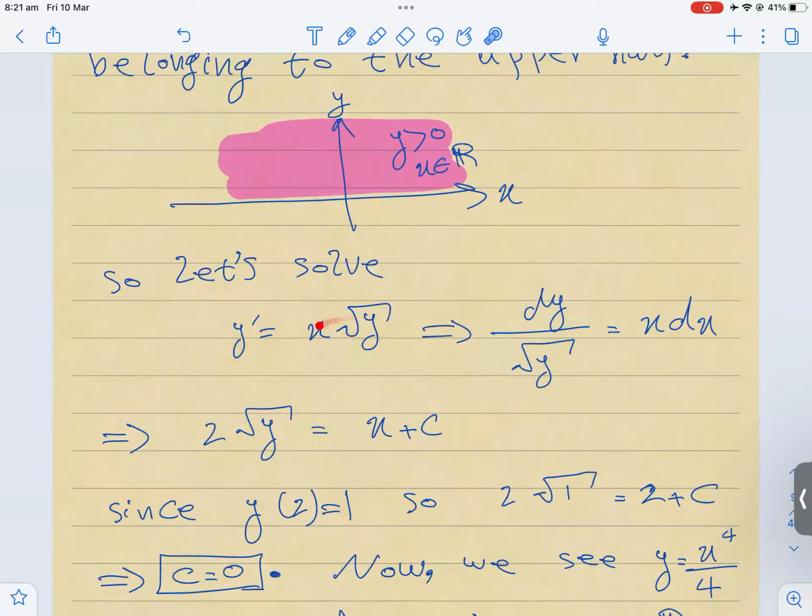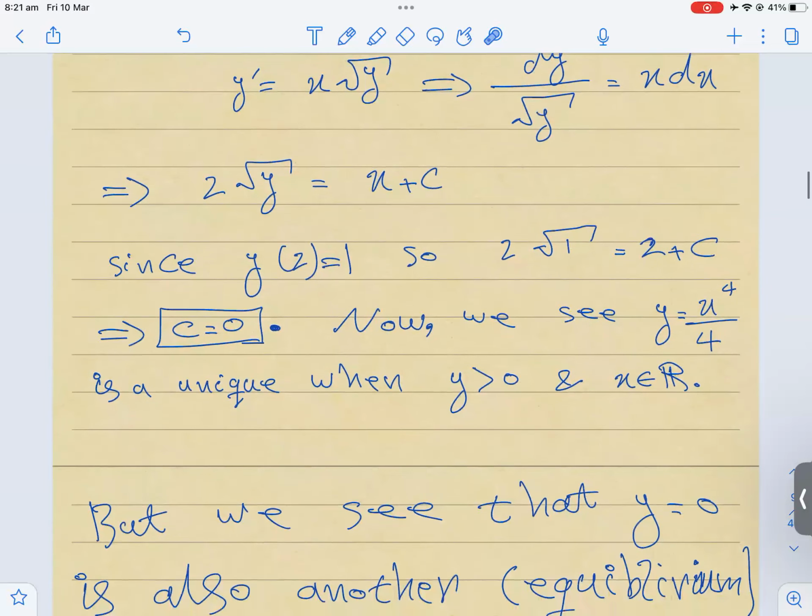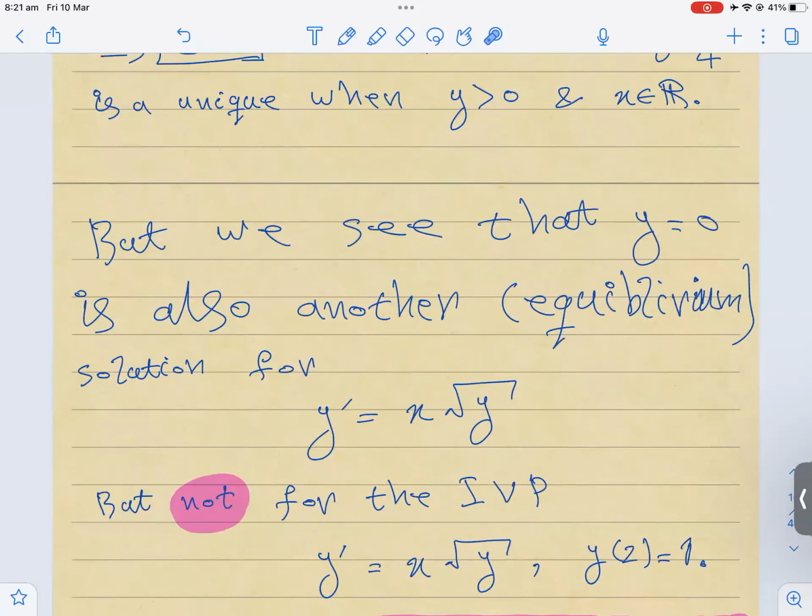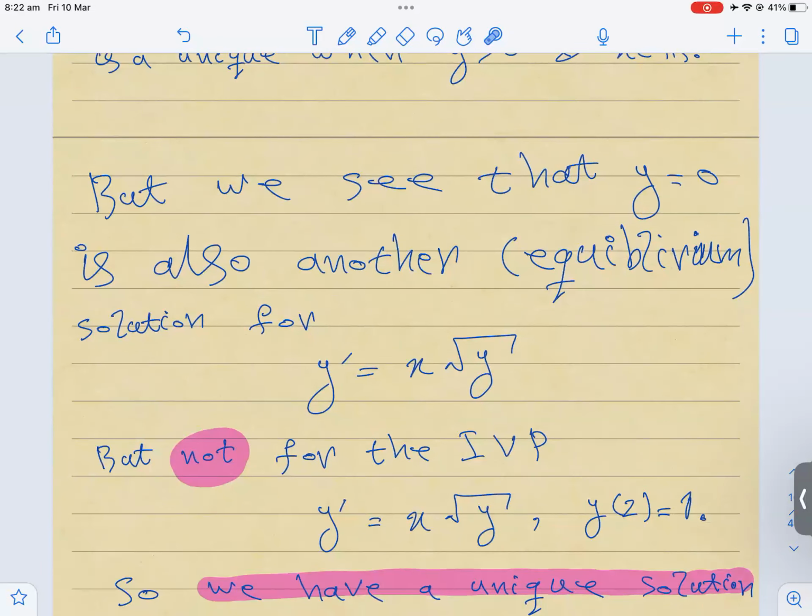But from the ODE, this one, y prime, you see that we have an equilibrium solution again. Y equals 0 here, and it's satisfied on both sides. So y equals 0 is the equilibrium solution again.